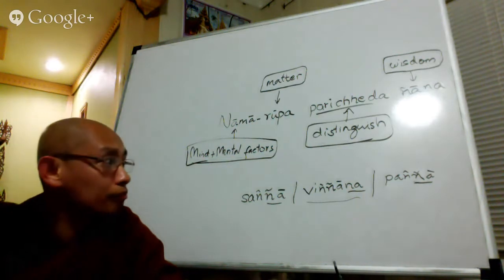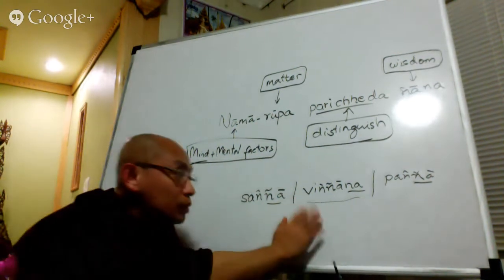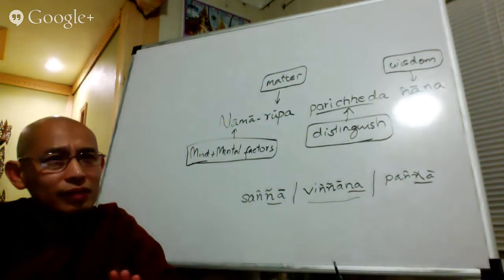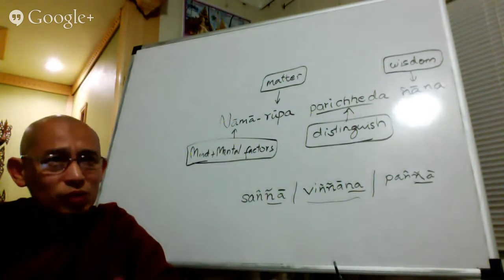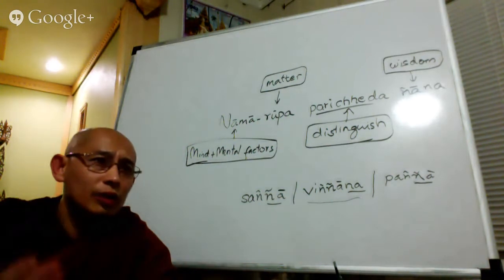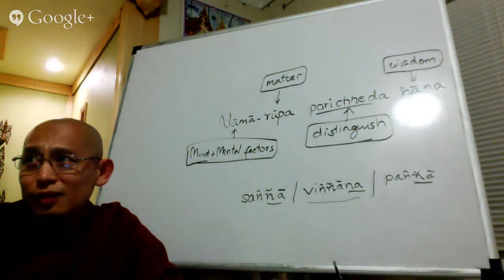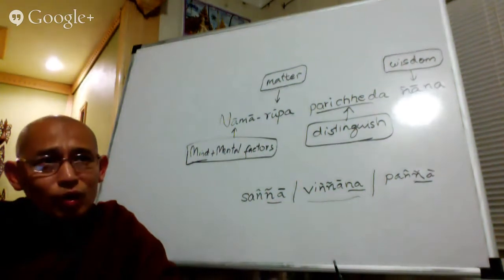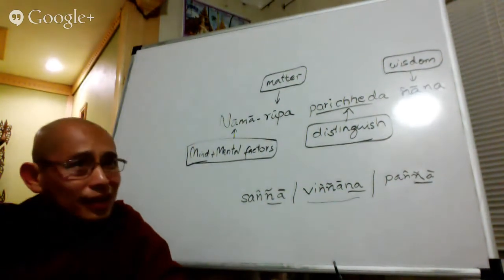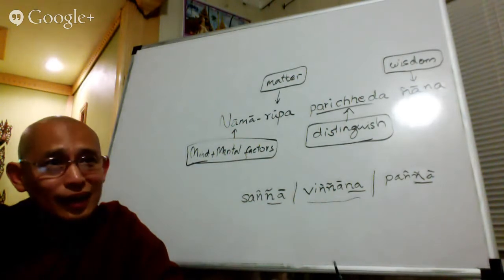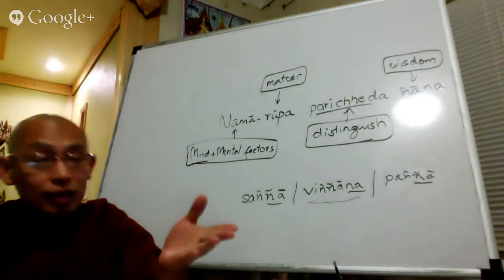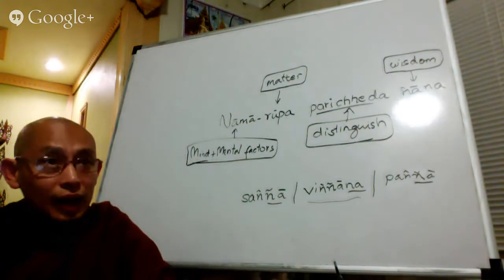So generally we use vijnana, but mano has a much wider meaning. So that's why, depending on where we use it, the meaning of mano is different. It depends on the usage, where we use it, like in the Patthana, mano vijnana dhatuya.